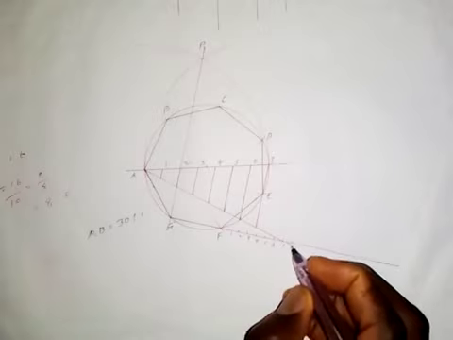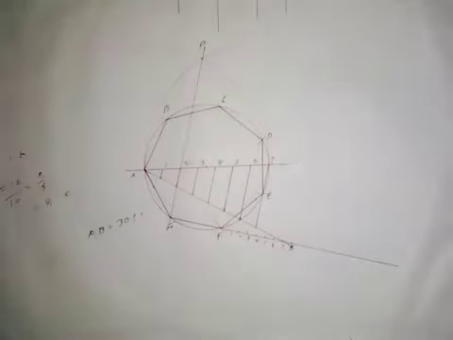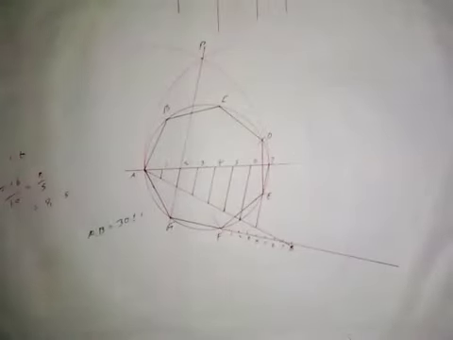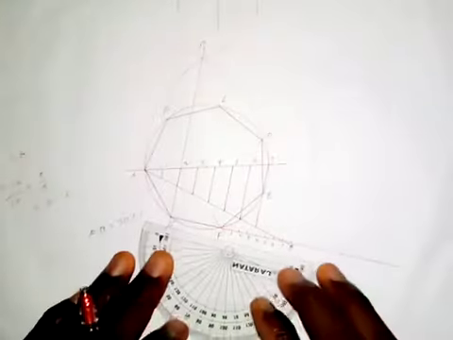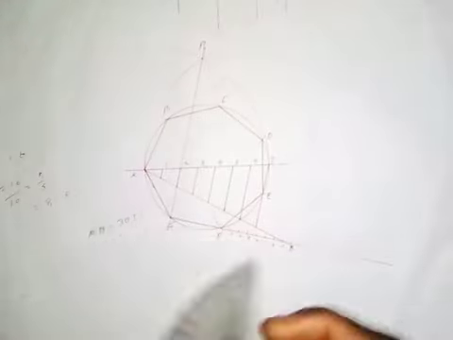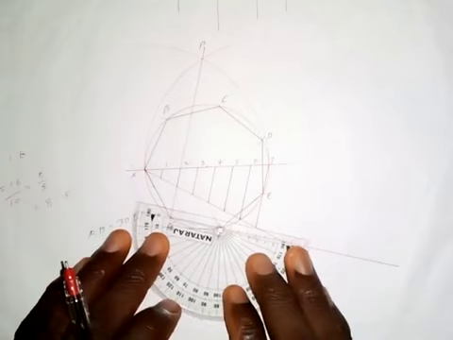Okay. So the next thing that we are going to do now is to bisect distance G5, so that we can construct a semicircle on that. But before that, I need to do something. I need to draw a perpendicular line to point F. Since this line is not a horizontal line, I will need to make use of my protractor.